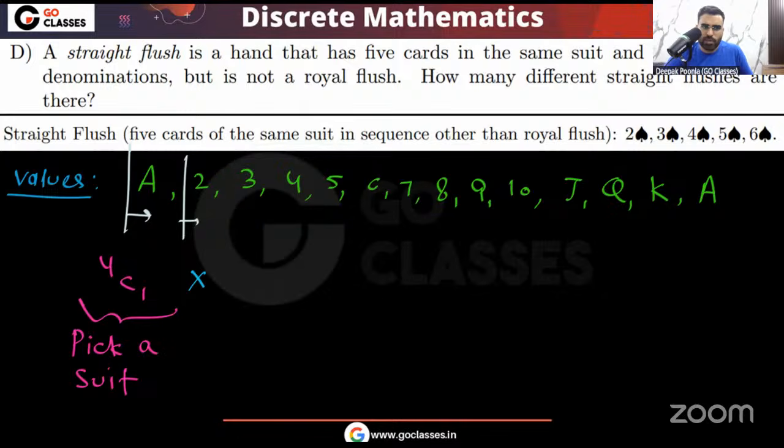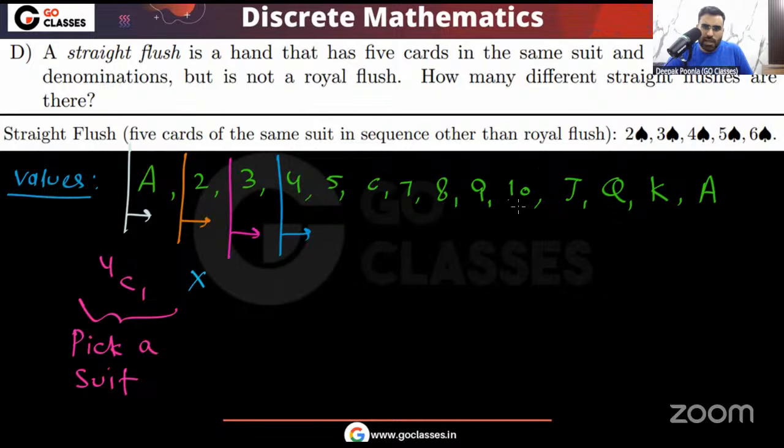I hope you are getting the point. I can start from ace and take 5 consecutive values, or start from 2, or from 3, or from 4, and so on.